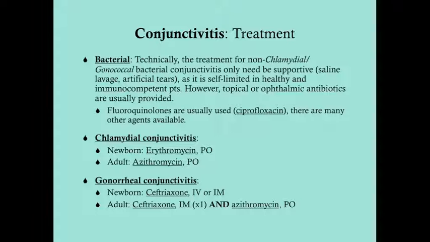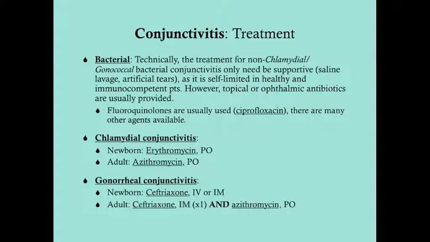If it is chlamydial conjunctivitis, unlike the other bacterial conjunctivitises, it's usually a sticky, watery discharge. In the newborn, you'll use erythromycin, liquid, orally, and then in the adult, you'll use azithromycin orally, similar to how you would treat a genital tract infection.